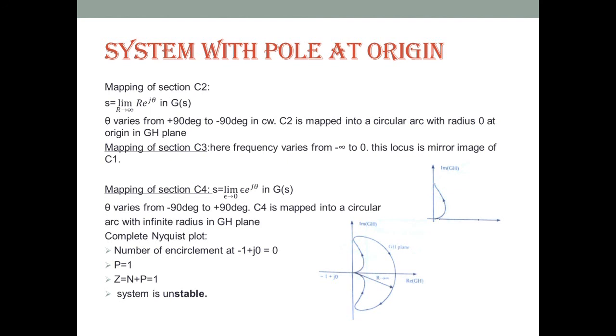So the closed-loop system becomes stable. Using this method, we can easily find out whether the given system is stable or not by using the Nyquist criterion.